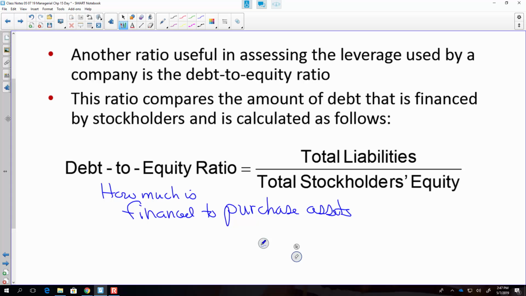Obviously, if we're a stockholder, we want this number high. If we're a bank, we want this number low. So it depends on who you are as to whether this ratio should be bigger or smaller. But again, it's another assessment of risk as well.